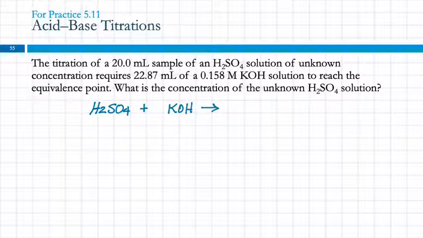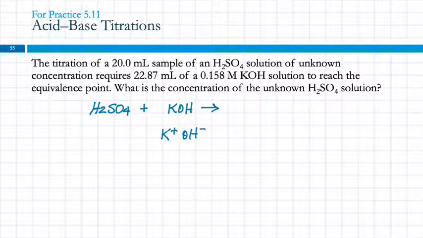Swap partners. Okay? So KOH is potassium and hydroxide. This H2SO4, that's a diprotic acid. I told you earlier it's strong in the first hydrogen, it's weak in the second. We don't need to worry about whether it's weak or strong. In a titration, all of the hydrogen ions react.